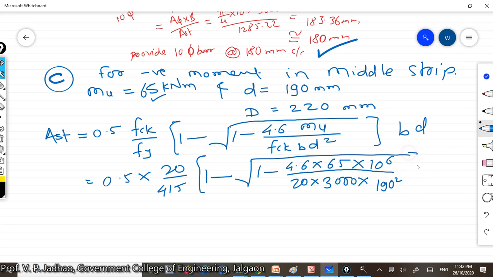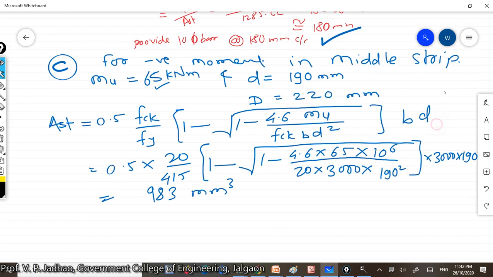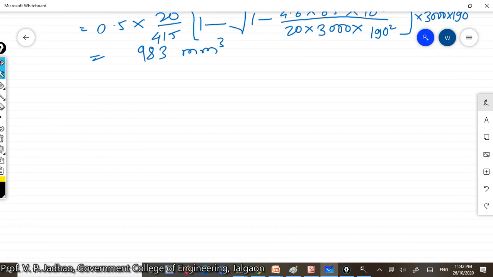So multiply this whole term with 3000, that is b, into d, that is 190. So AST comes out to be 983 mm square. This is the AST requirement for negative bending moment in the middle strip.